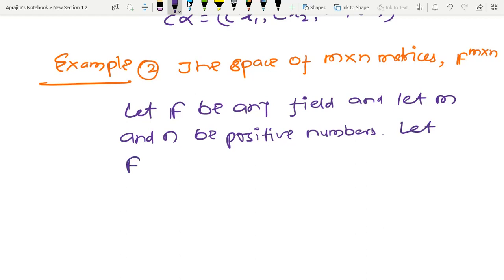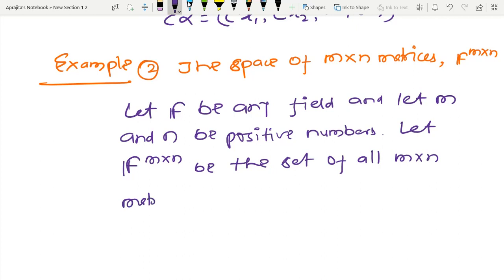Let F^(m×n) be the set of all m cross n matrices over the field F. So now we have identified the vectors, we have identified the field.